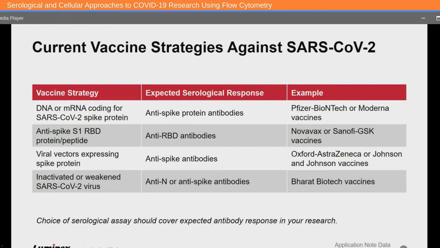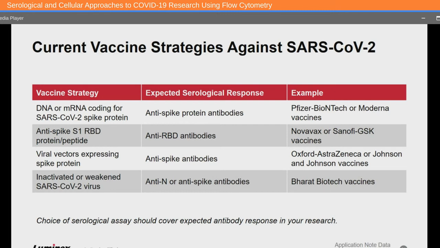For example, some of the mRNA-based vaccination strategies are against the spike protein or the receptor binding domain of the spike protein. And this will give rise to antibodies against these proteins, but these will be missed by an antibody test that is based on the nucleocapsid protein from the SARS-CoV-2 virus. For strategies such as inactivated or weakened virus, one would expect to see responses against the nucleocapsid protein, spike, and RBD protein.